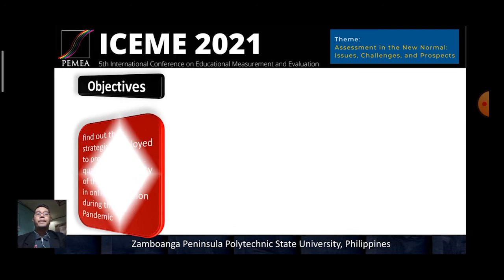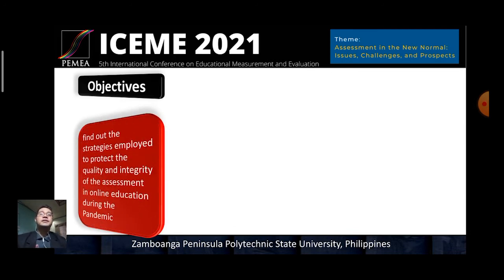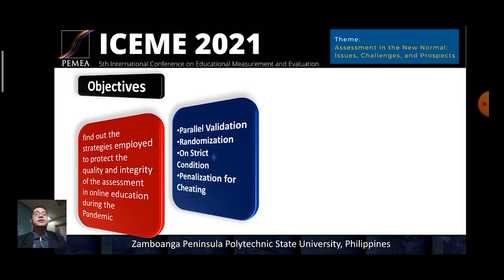The next objective is to find out the strategies employed to protect the quality and integrity of the assessment in online education during this crisis. This may be in the form of parallel validation, wherein the teacher will validate through phone call or oral conversation the assessment responded to by the students.